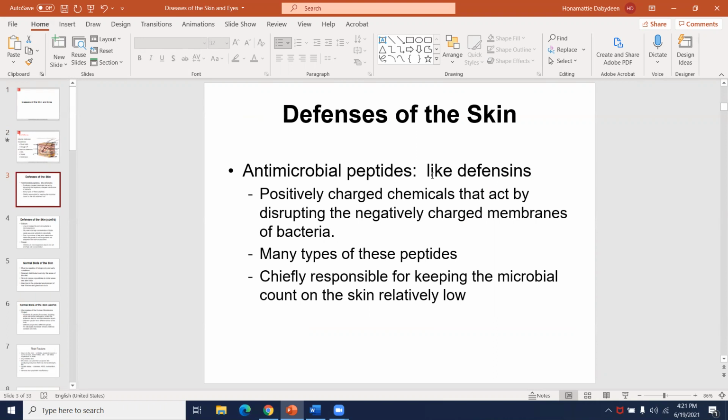And these are things like defensins, positively charged chemicals that act by disrupting the negatively charged membranes of the bacterial cell. And there are many types of these. Basically, their chief responsibility is to keep the microbial count on the skin fairly low.